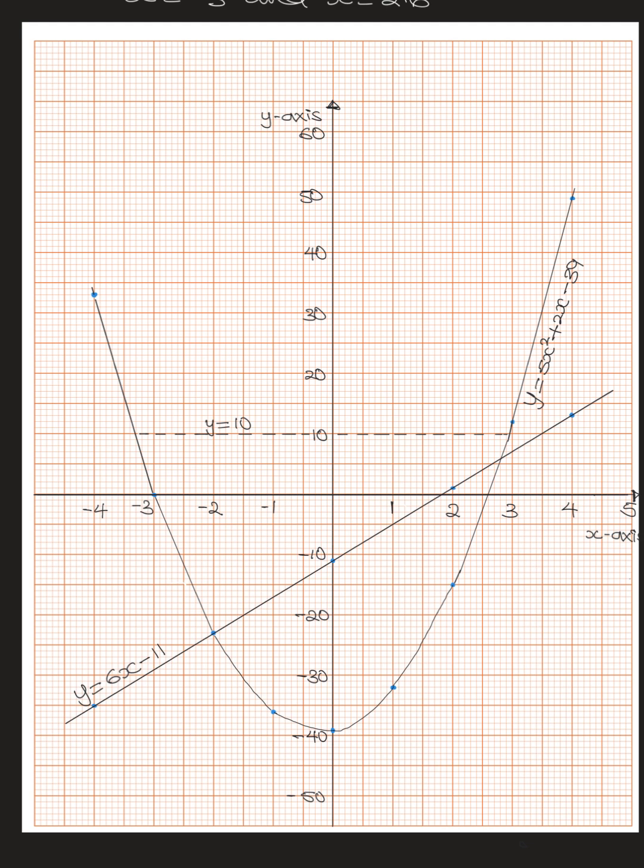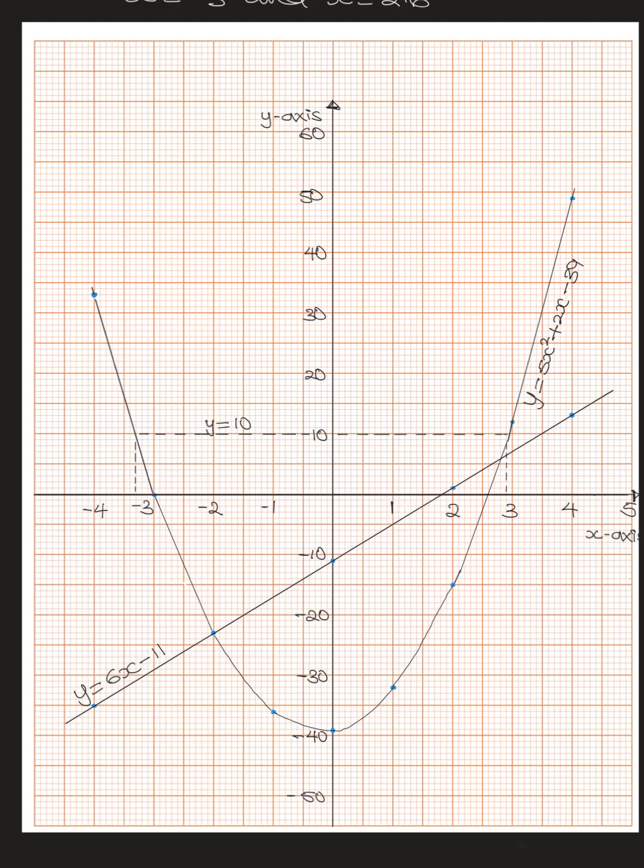And what are the two values of x that we have from that point? We're going to trace them to the x-axis. One of them is minus 3.3. Let's indicate that. As you can see, that is the value of x. And the other one is from here, if we trace it to the x-axis, that is about 2.9.